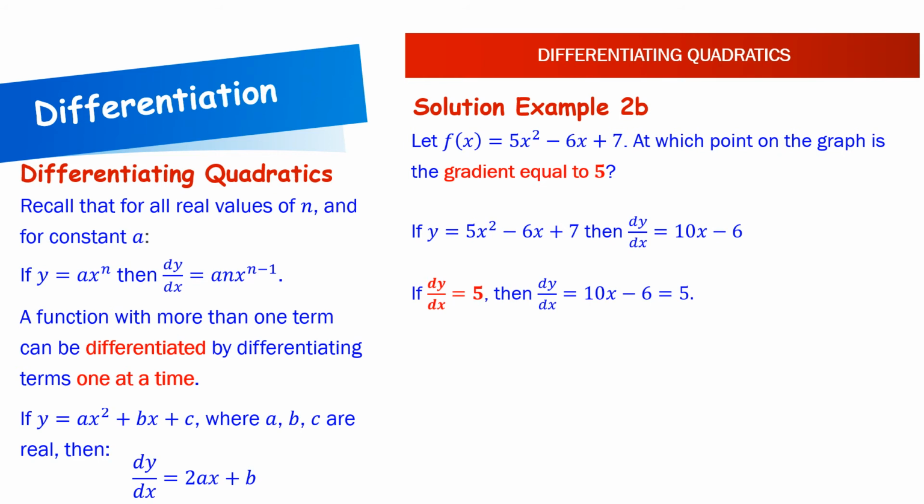So therefore, given that dy/dx equals 10x minus 6, we can conclude that 10x minus 6 equals 5. If we rearrange this, it gives us that x equals 11 over 10, or 1.1.